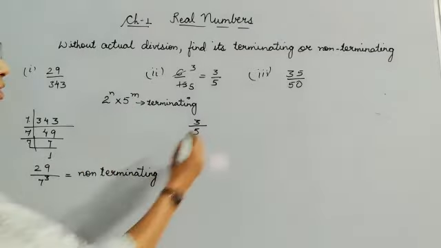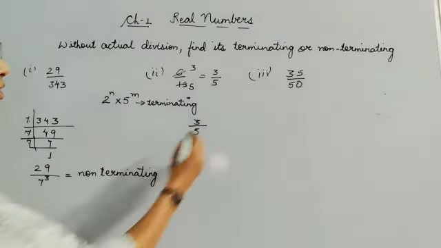So this is terminating. Let's suppose I want to find out after how many decimal places it terminates. Here 3 by 5, the 5 has power 1. So I need to make the denominator 10.